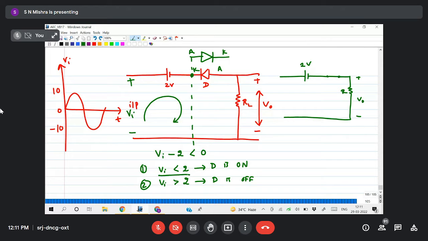Whenever Vi is less than 2, the diode is on. Earlier, if 2 volt were not present, then below 0 it would be on. So below 2 means, if I consider this case, here this is 2 volt, so this entire region my diode is on. Yes or no? Yes, sir. Below 2. So it is the entire negative half cycle and a small portion of the positive half cycle. Yes, sir.